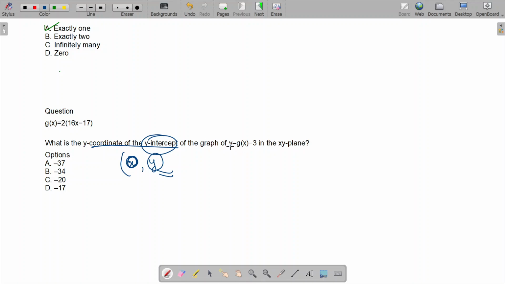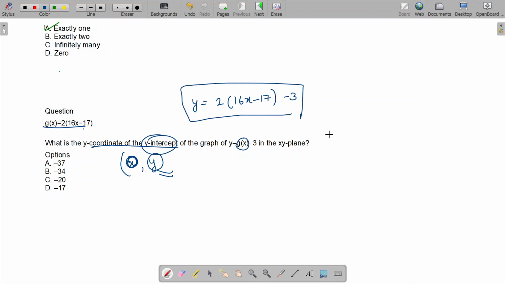But they have given you two functions, g of x equals 16x minus 17, y equals g of x minus 3. What you can do, you can plug in the value of g of x here, and make it a new function, y equals twice of 16x minus 17 minus 3. As it is, put it on Desmos and check.